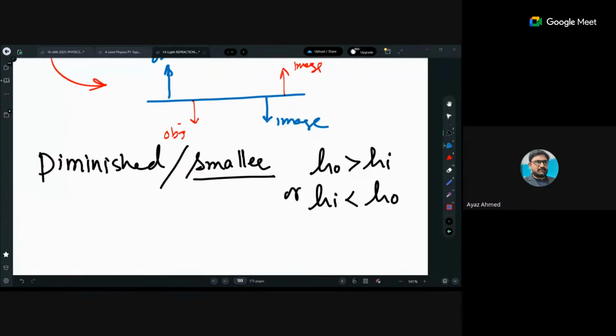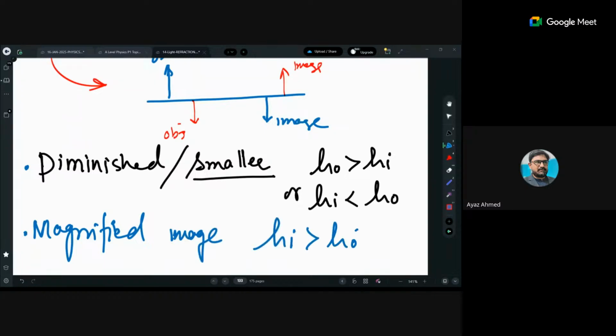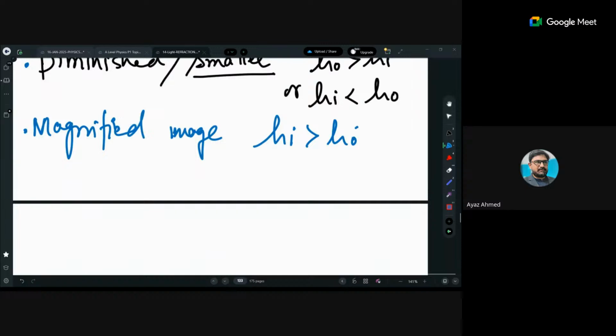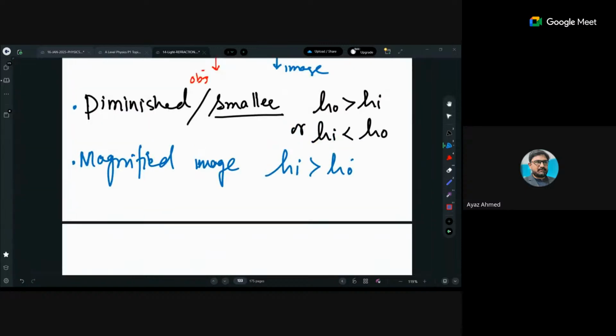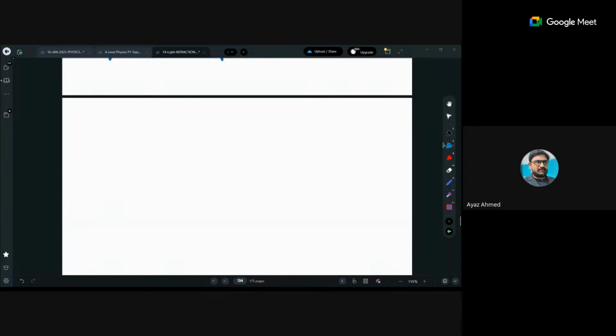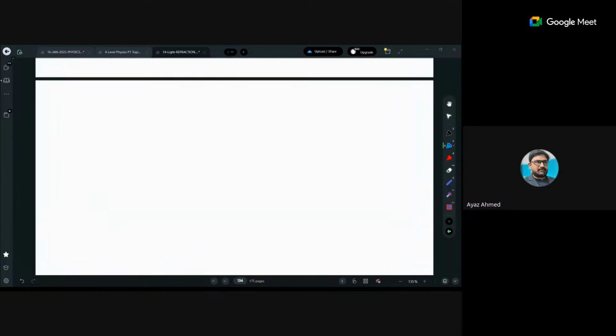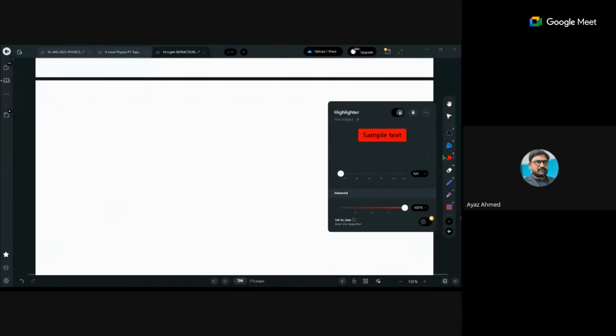And magnified image is basically when the height of the image gets greater than the height of the object, like what you do with a magnifying lens, simply speaking. Okay, so these points should be taken into account when you study the lenses. Now I am going to share a very important thing with you, and it is really important, I am not just kidding.